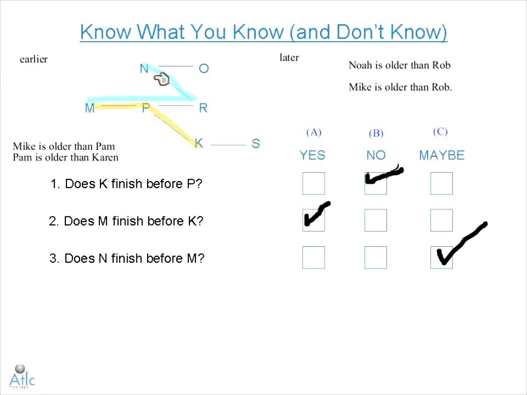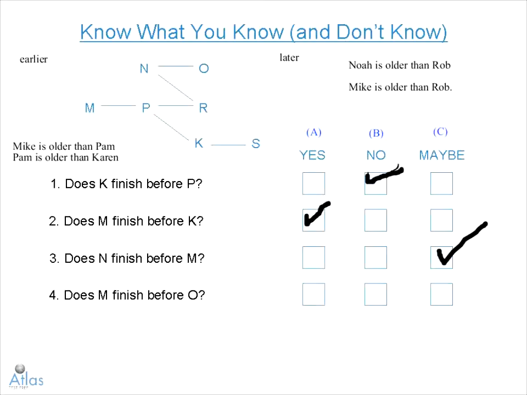All right. Let's try this with a couple more questions. Does M finish before O? Go ahead and poll in up top. Does N finish before O? Very quick work there.